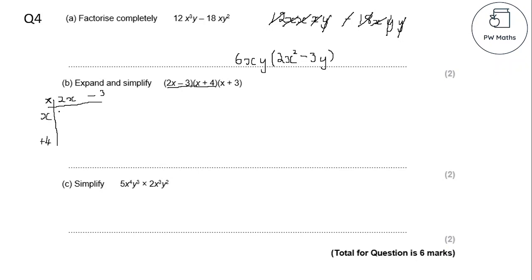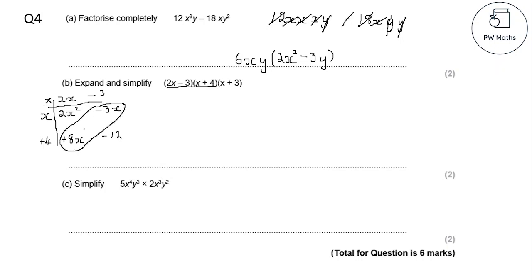2x times x is 2x squared. 2 times minus 3, minus 3x. 2x times plus 4 is plus 8x. No shame in using the calculator, to be honest, for 4 times minus 3, minus 12. Always look for the ones that are talking the same language.